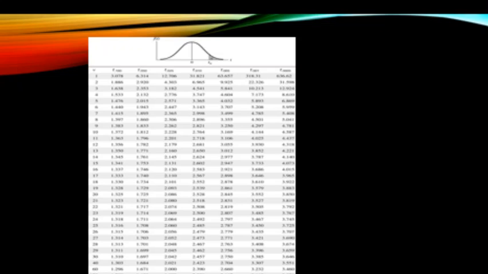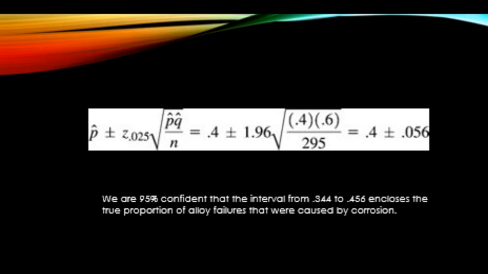So we will start by finding t of 0.025, which is here, and the corresponding value at infinity degrees of freedom, which is 1.96. Okay, so z alpha by 2 is 1.96. This is an easier way to find the z alpha by 2 using the t table.